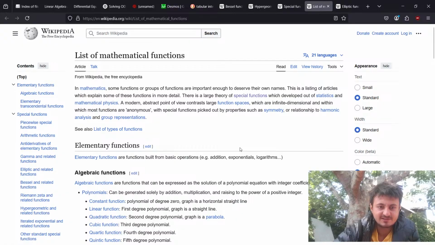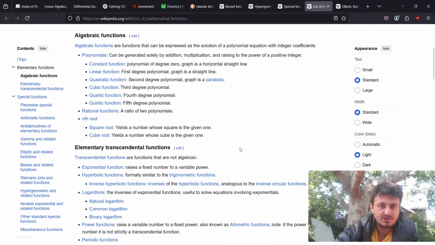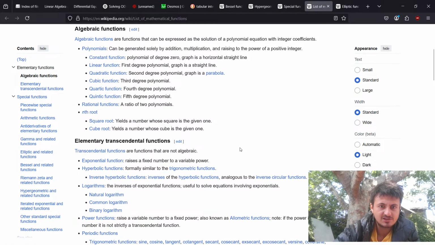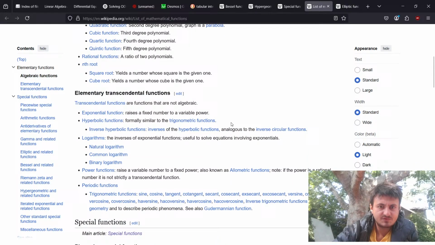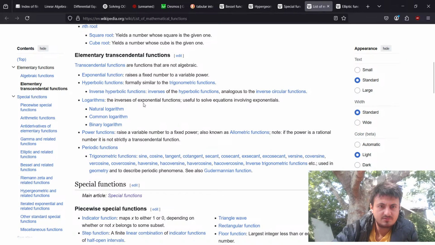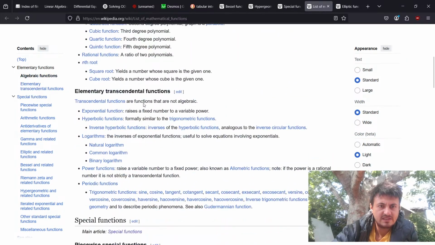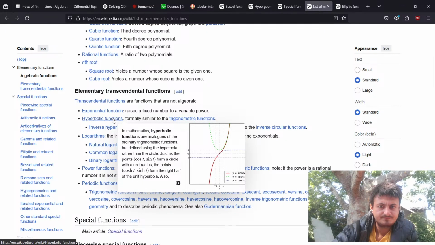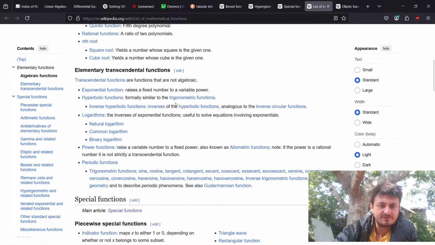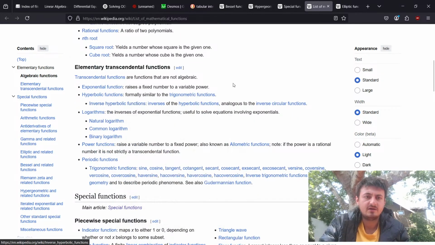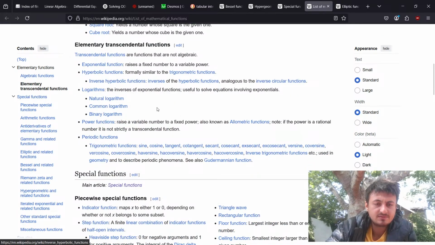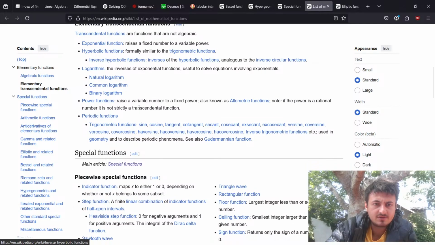All right, let's look at the list, dude. Polynomials, rational functions, roots, transcendentals are not algebraic. Exponential, hyperbolic. I never really understood hyperbolic functions. Logs, powers.